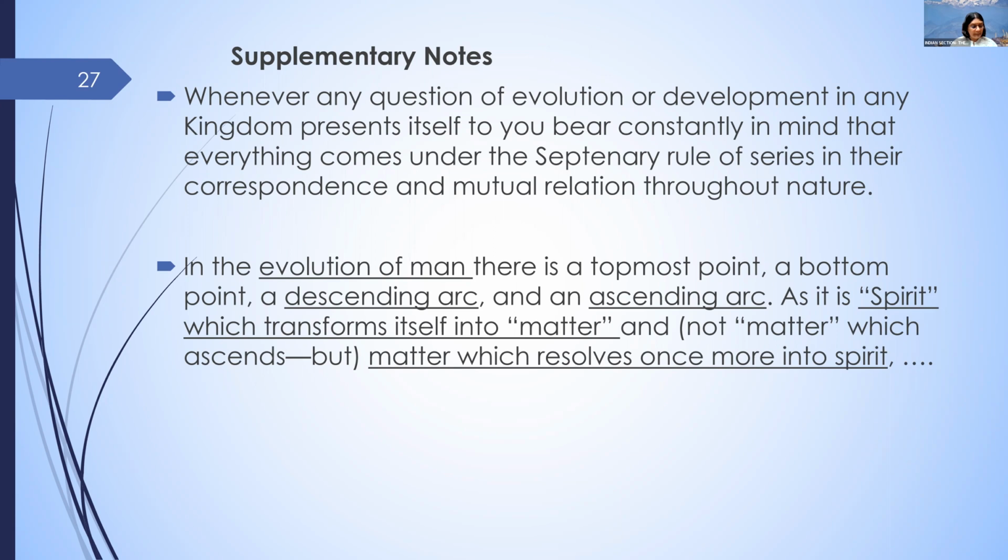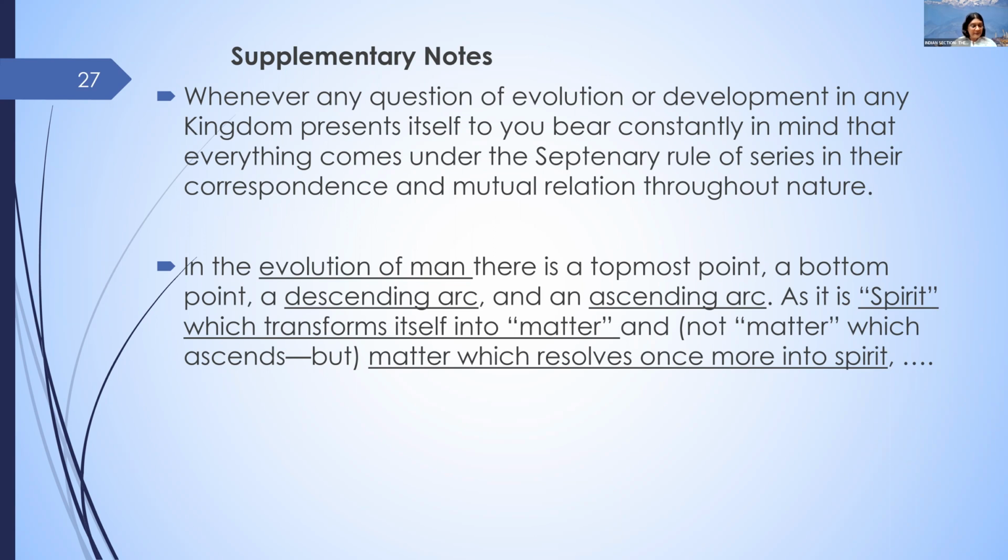The next point: in the evolution of man, there is a topmost point, a bottom point, a descending arc, and an ascending arc, as it is spirit which transforms itself into matter, and not matter which ascends, but matter which resolves once more into spirit.